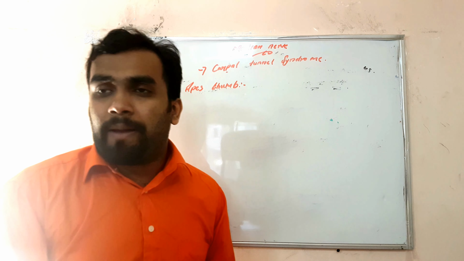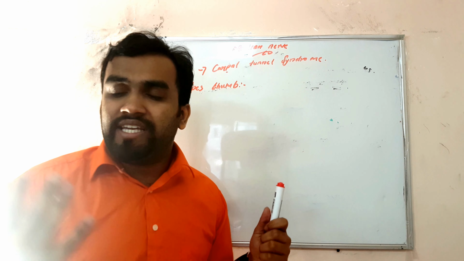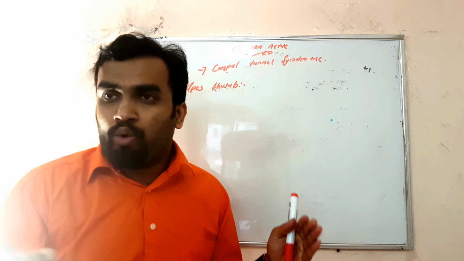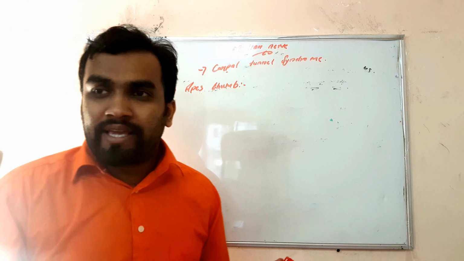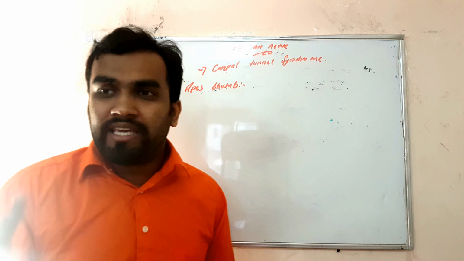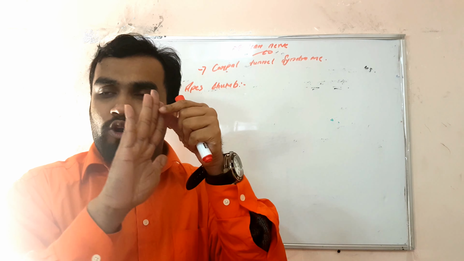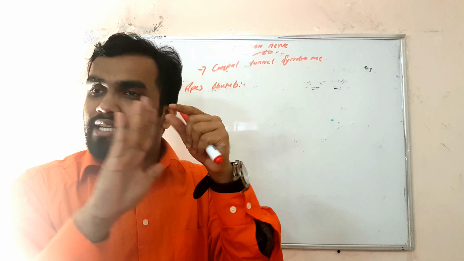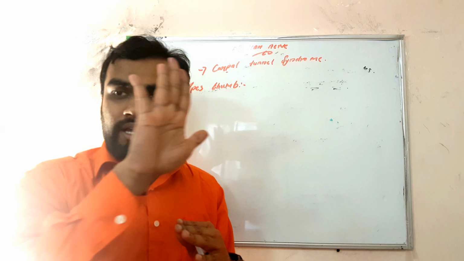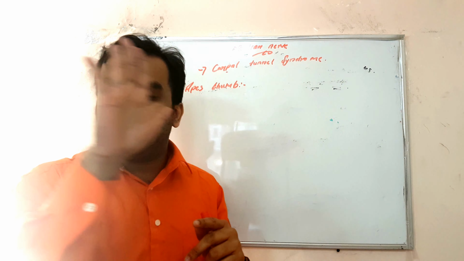So in ape thumb, the median nerve, the FDS, FDP will also not be working properly. So you know the monkey hand, right? So the thumb will always be in an adducted position. Okay, because here there is unopposed action, right? Only the ulnar nerve will be working. Now the FDS and FDP will not be working, so they cannot be flexed. Okay, this is like a monkey's hand, you can remember.